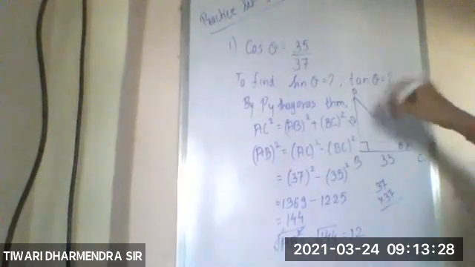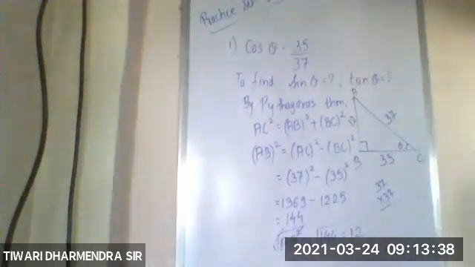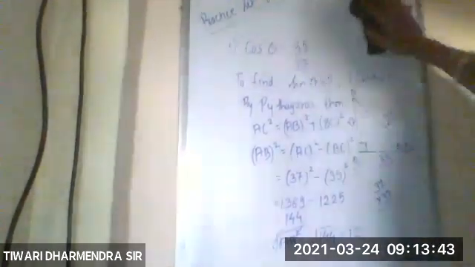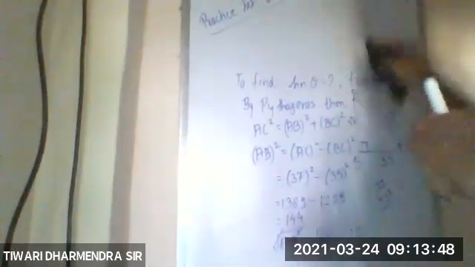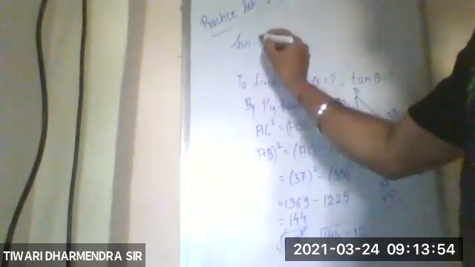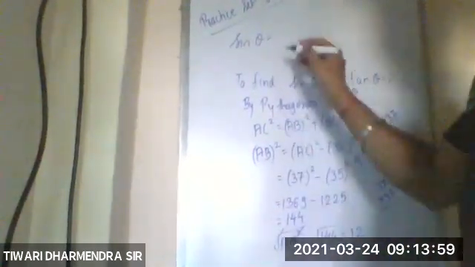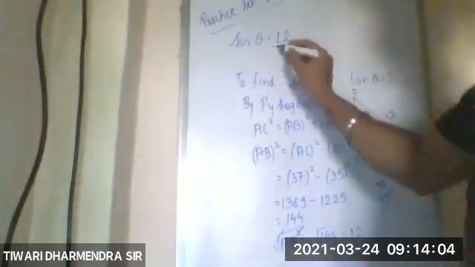Now, as I know all three sides of the triangle, I can easily get all the ratios. This is the first method. So according to the formula, sine theta is equal to opposite, 12, upon hypotenuse, 37.